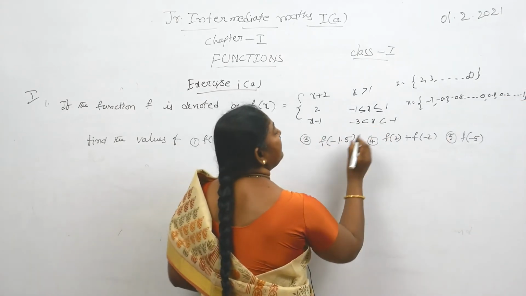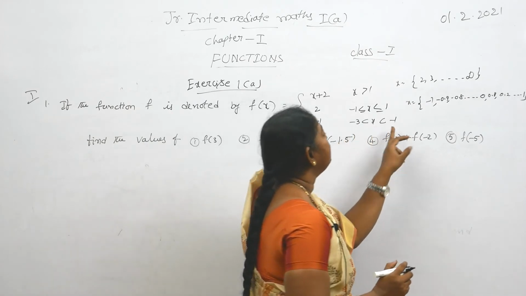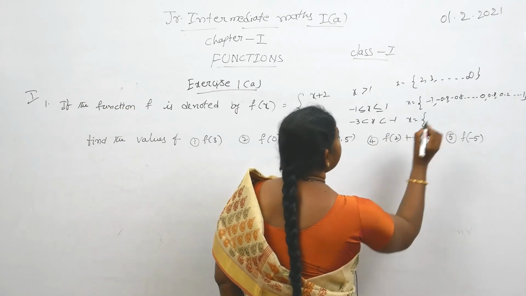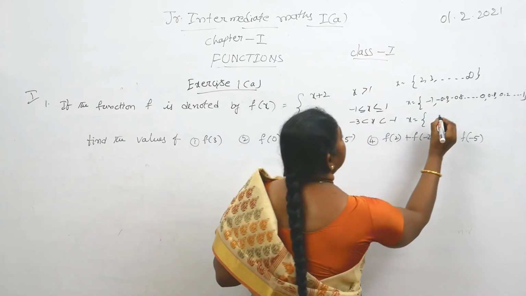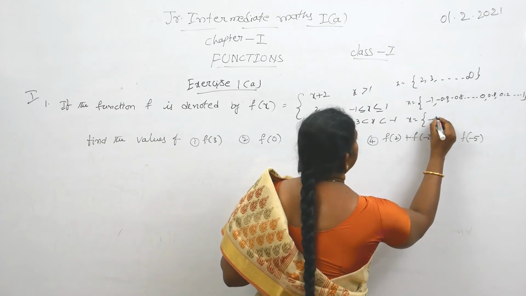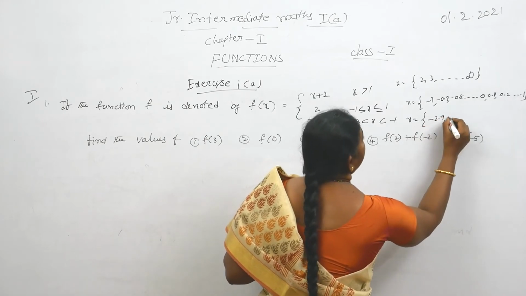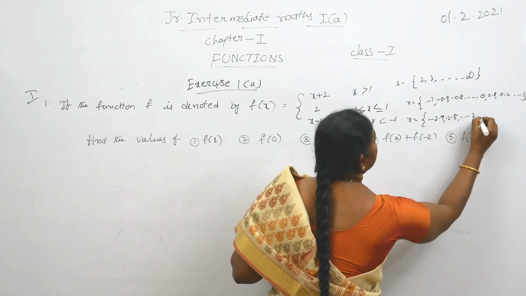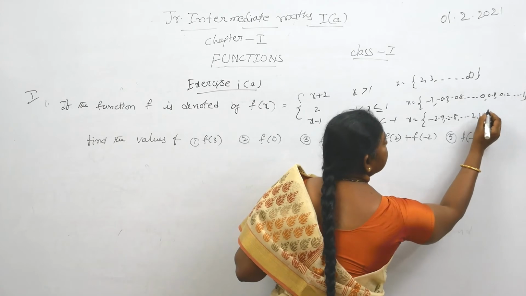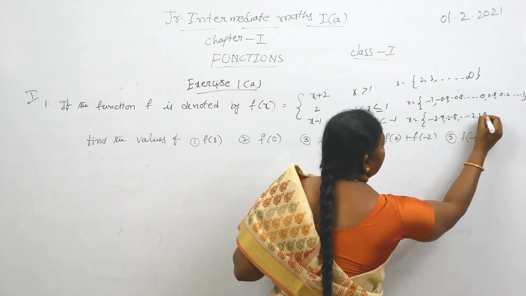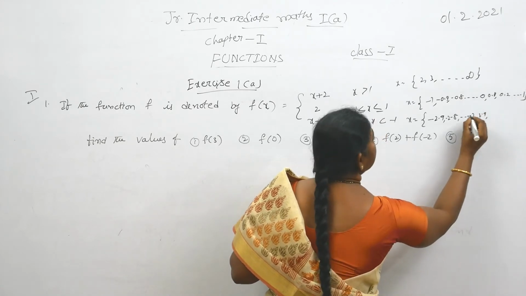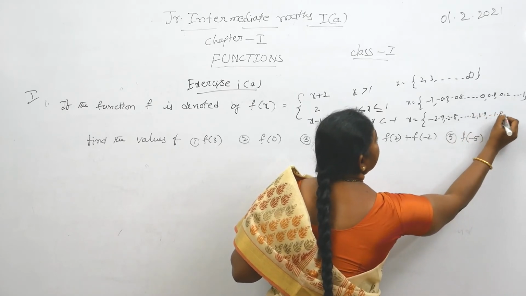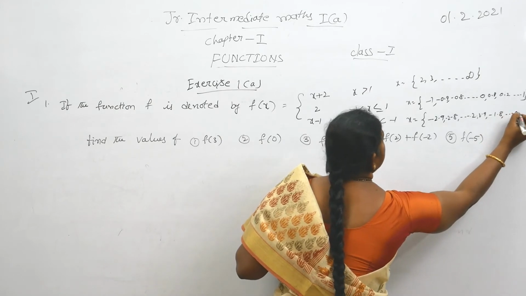And for minus 3 is less than x is less than minus 1, the x values will be minus 2.9, minus 2.8, and so on, down to minus 1.1.